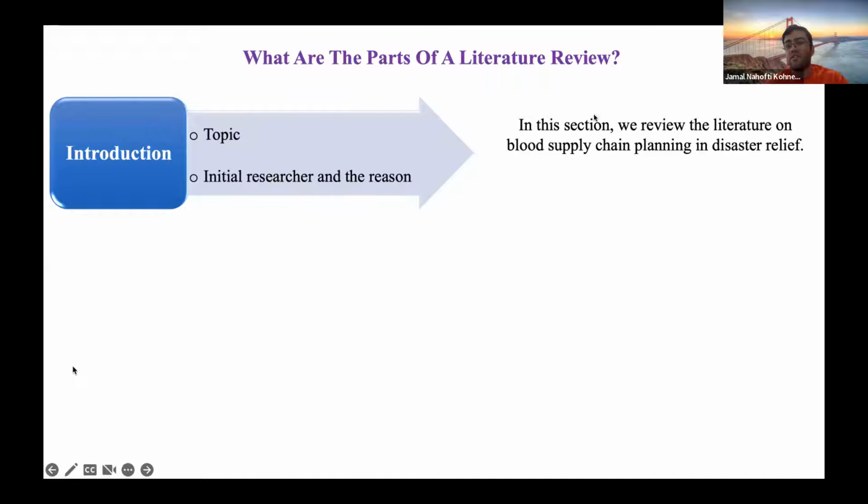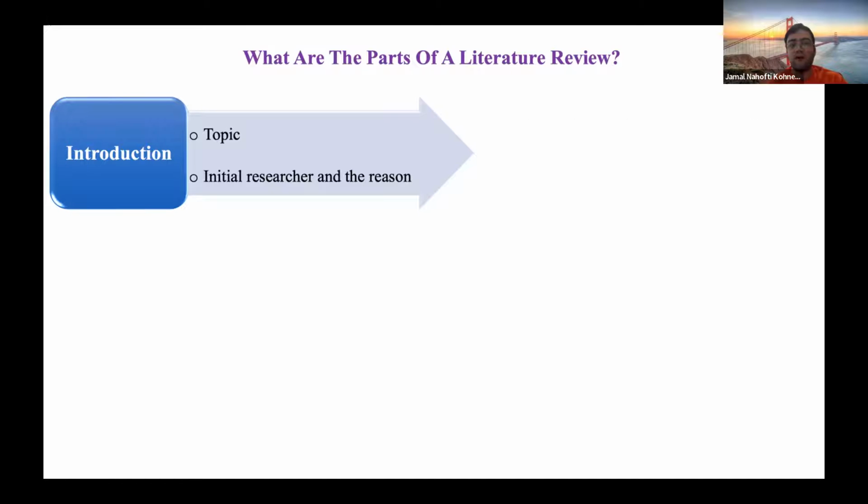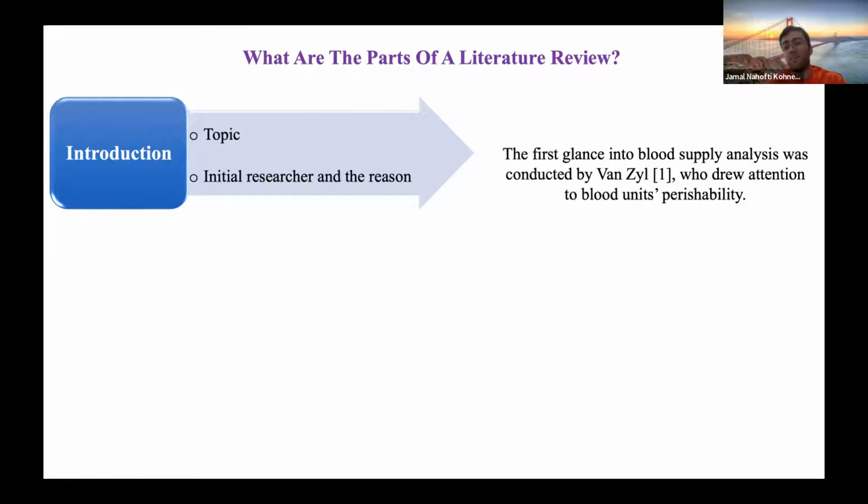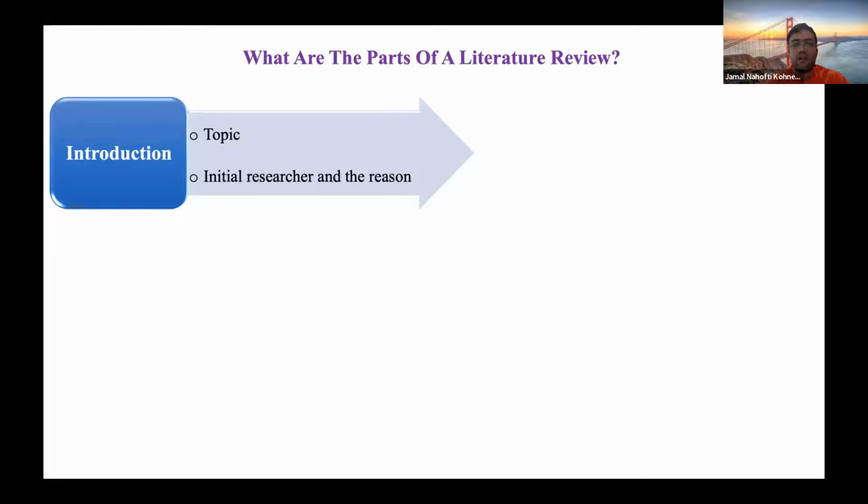For example, you can see here that we mention in this section that we want to do the literature review on that specific topic. Then in another sentence, you start to talk about the initial researcher of that topic, who proposed it, and what was the reason for researching that topic. That will be the next sentence of the literature review.